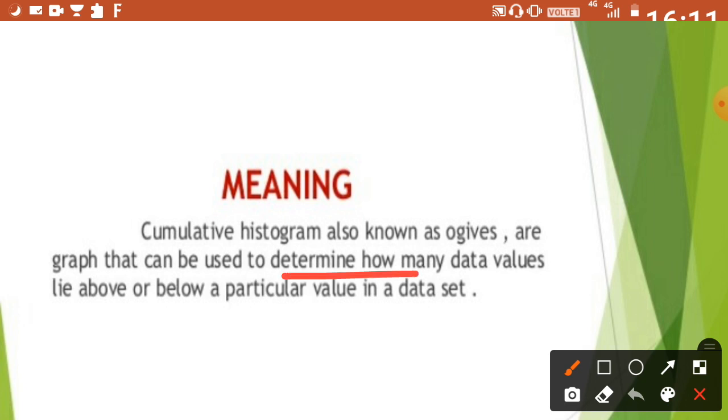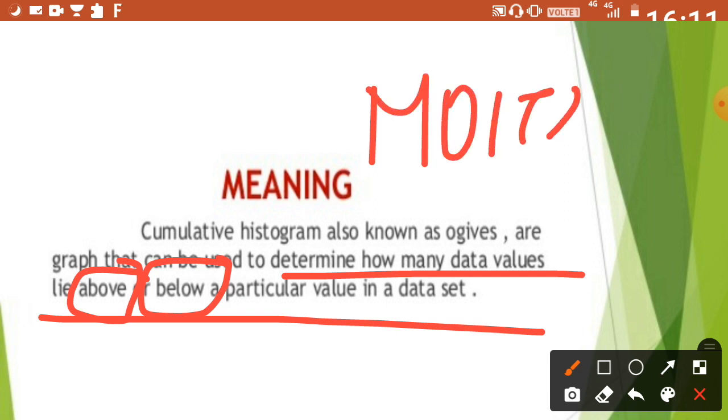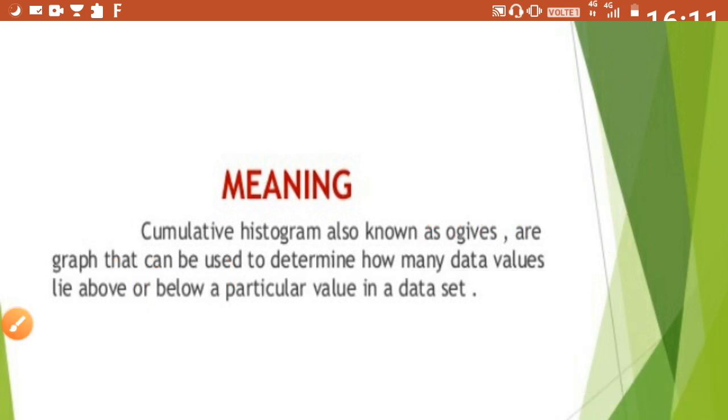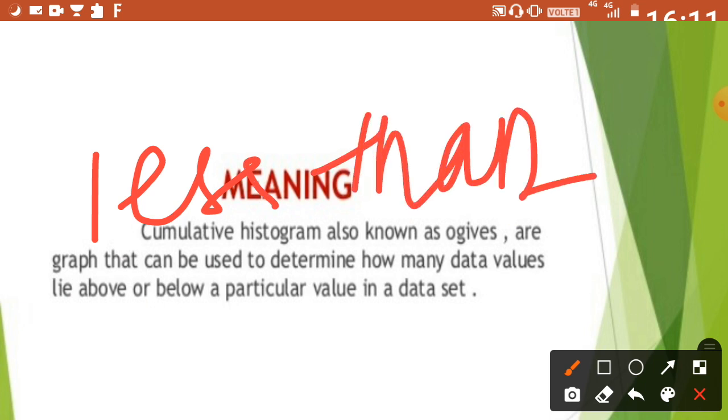It is used to determine how many data values lie above or below a particular value in a data set. Your ogives are of two types. First is your more than ogive, and then is your less than ogive.